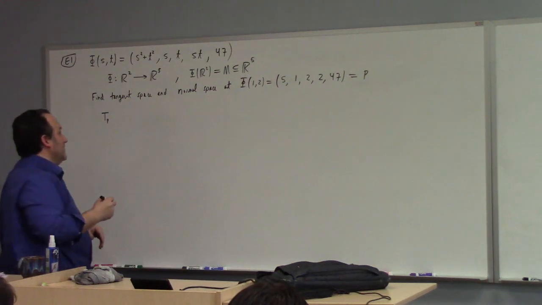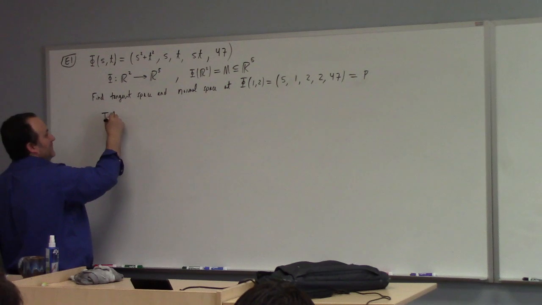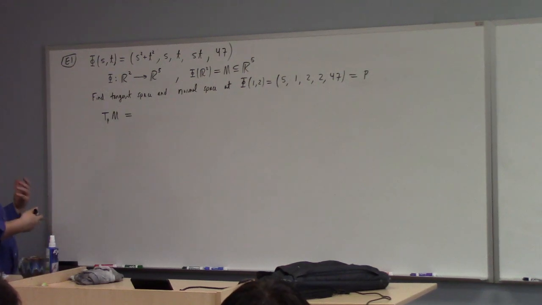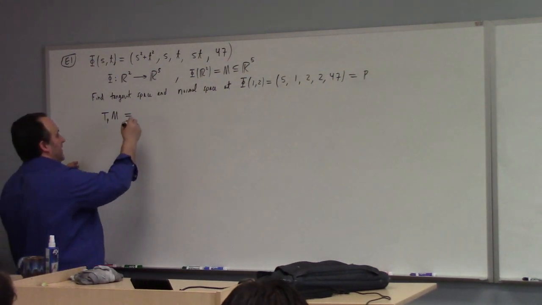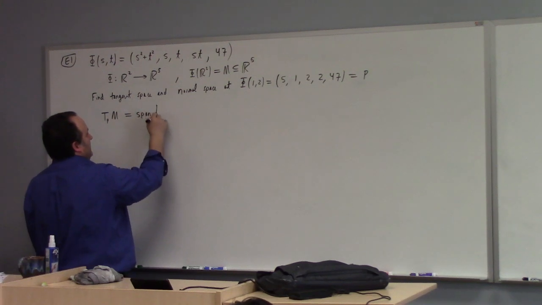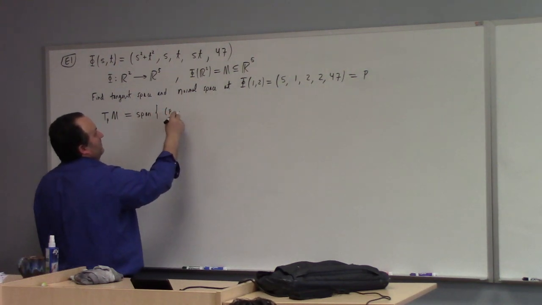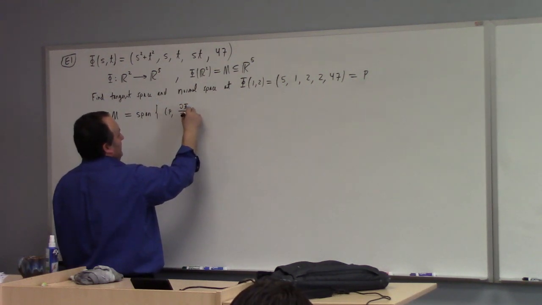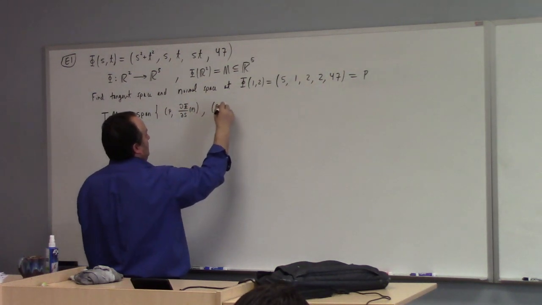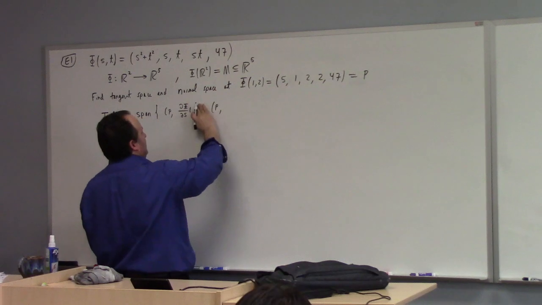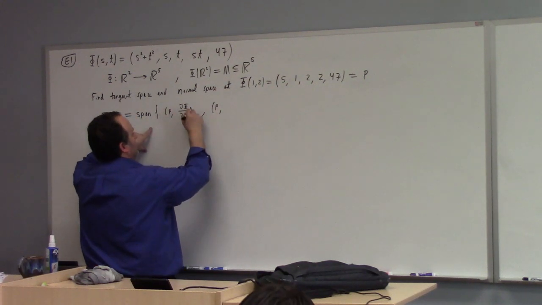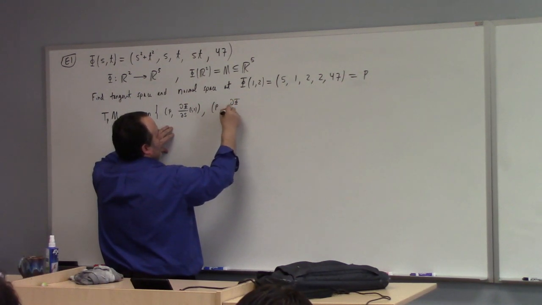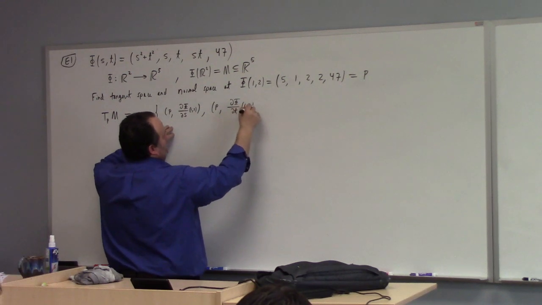I just named it M. So I'm trying to find the tangent space at P to M. So in short, the way to do this is to take the span of partial phi, partial s at the point, no, I don't mean at P, I mean at (1, 2), and partial phi, partial t at the point (1, 2).